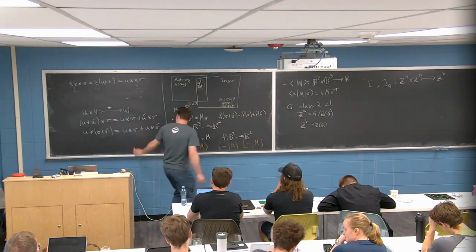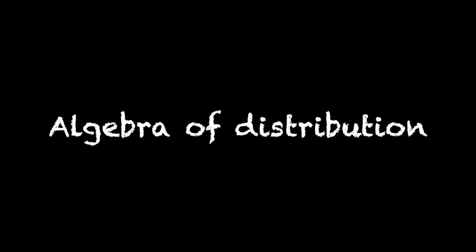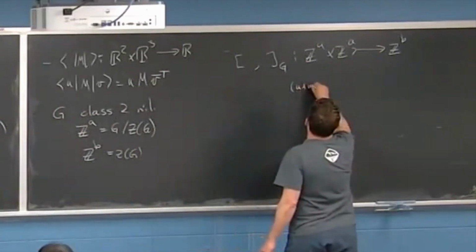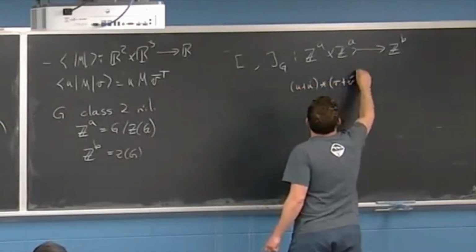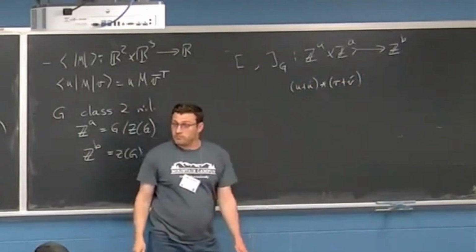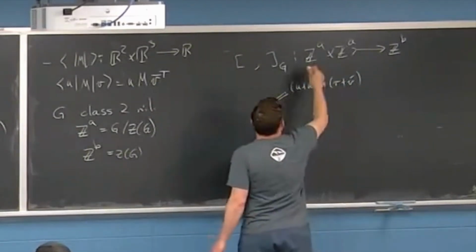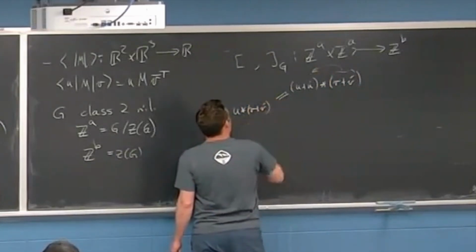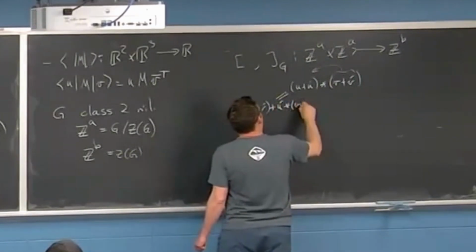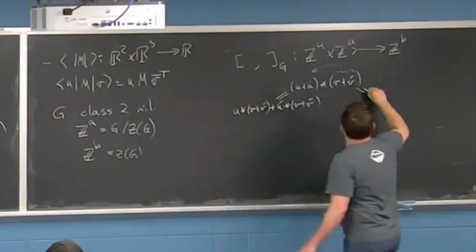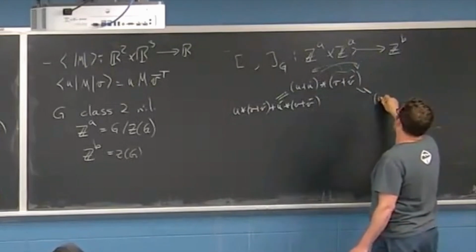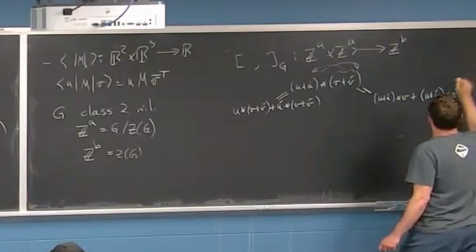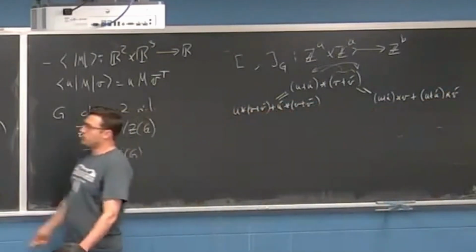Okay, so this one. I distribute on both sides, right? So let me have a couple choices. I could distribute this side over that. So that's going to be u v plus v prime, u prime, v plus v prime. Or I could distribute the other way around, and I would have u plus u prime star v, u plus u prime star v prime. Right? They're the same because I can distribute on any side.